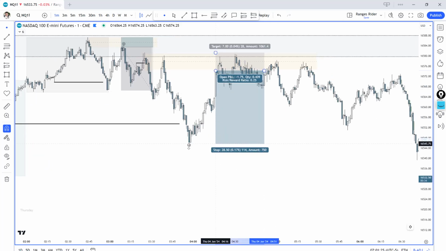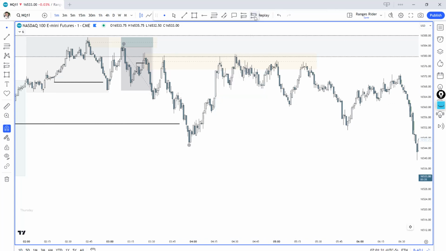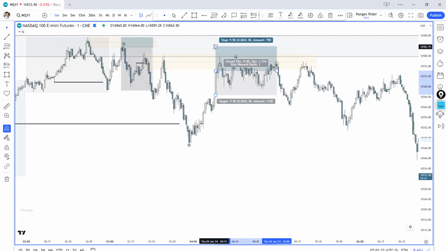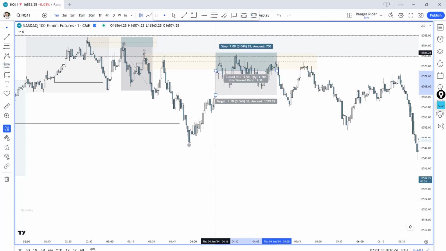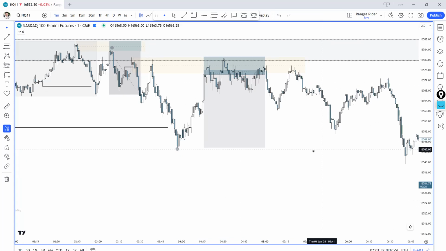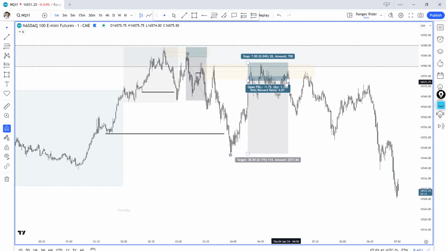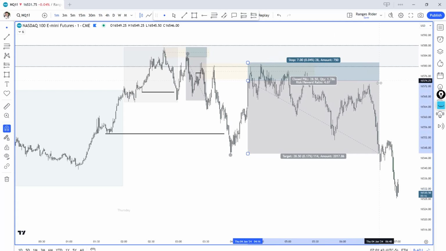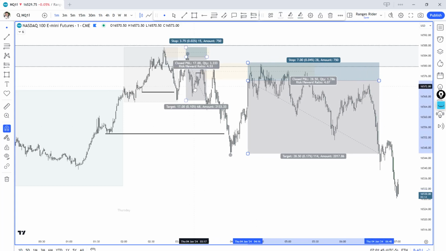And then what you have, this is the sell entry basically. This is another 4-hour trade here. So 4 hour is here, 4.5 hour is here, 4 hour is here.